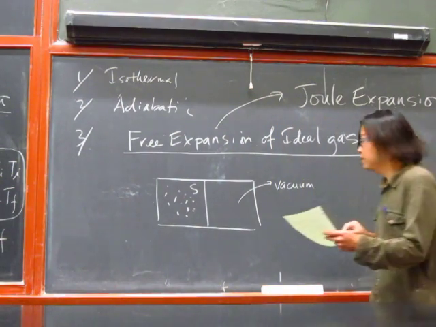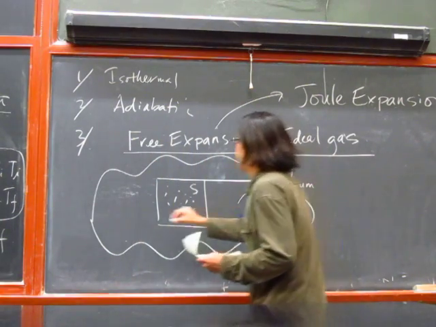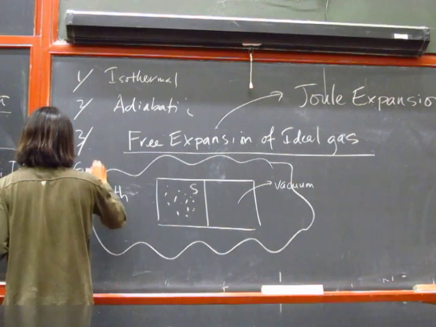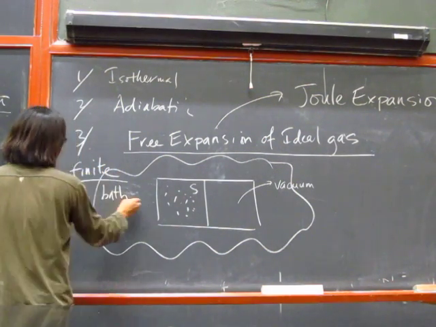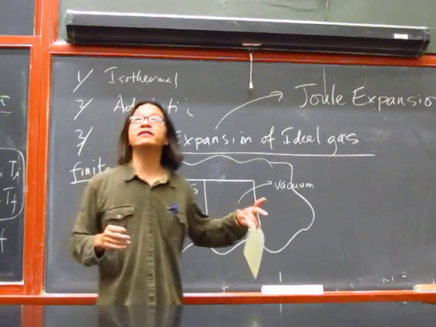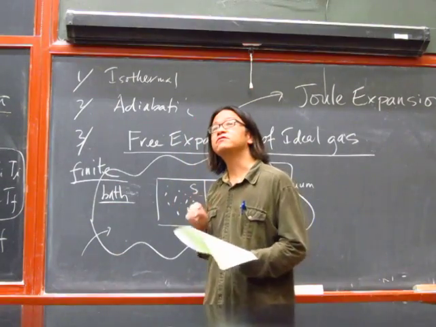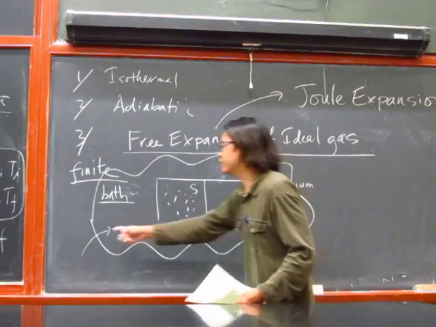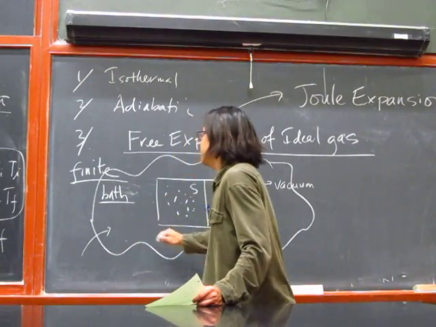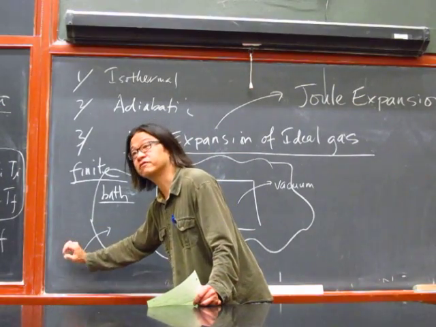And the whole thing is sitting inside a bath. But in this case, it's actually a finite bath. In reality, there is no such thing as an infinite bath. But this is done in such a way that the whole thing is happening fast enough that I don't have to worry about heat transfer between the bath and the outside environment.